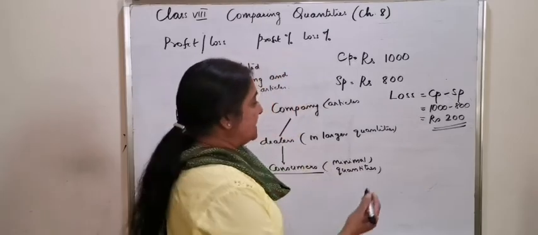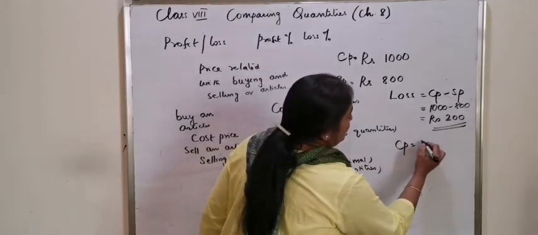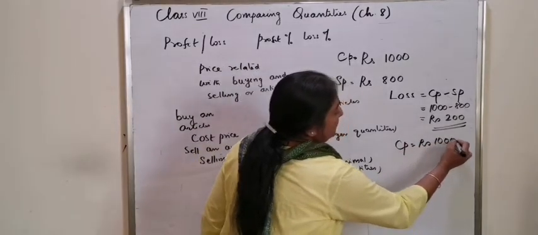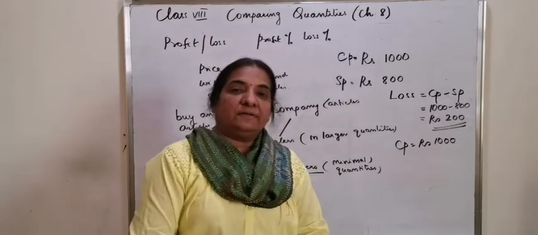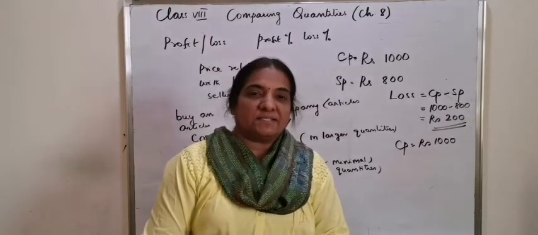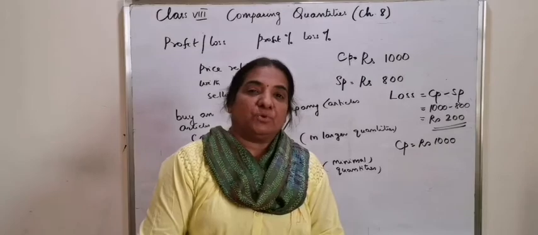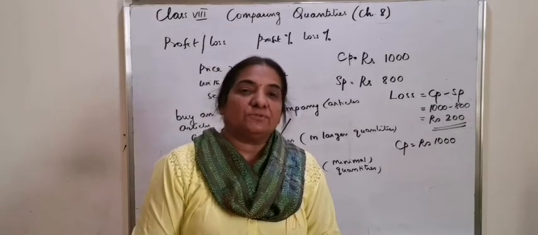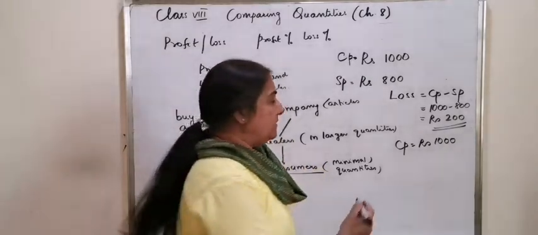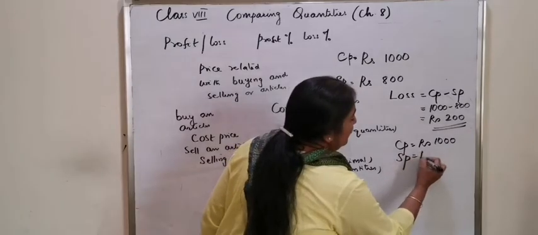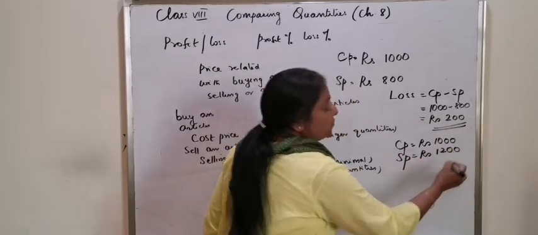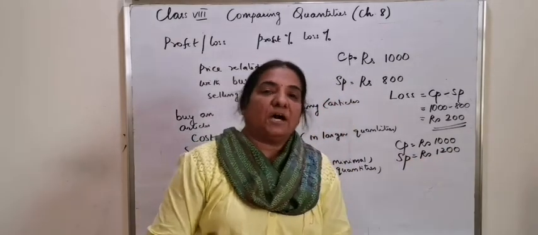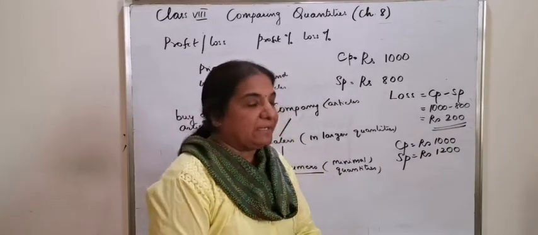Same thing, imagine you bought the same watch for rupees 1000 and your friend, immediately seeing it, asks you, I wanted that watch. Can you give it to me for rupees 1200? Immediately you will agree and sell it for rupees 1200, seeing the demand for the article. So what happened now?